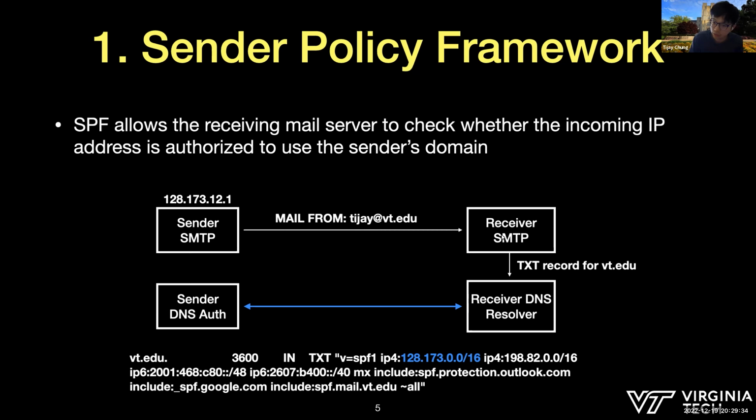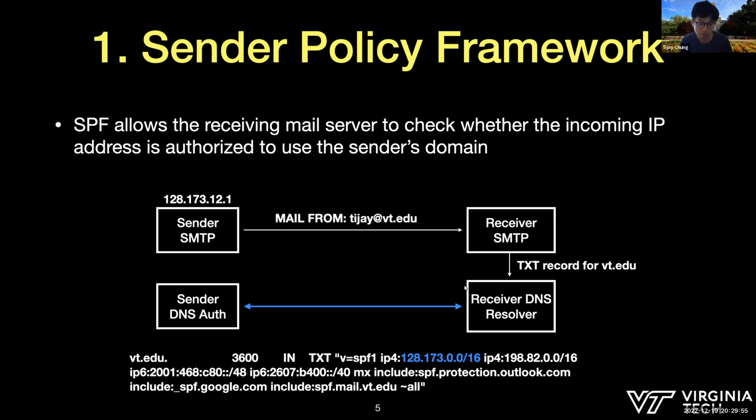The receiver, after retrieving this TXT record, tries to match whether this IP address is part of the TXT record, and because it is, the receiver can trust this sender's authentication.